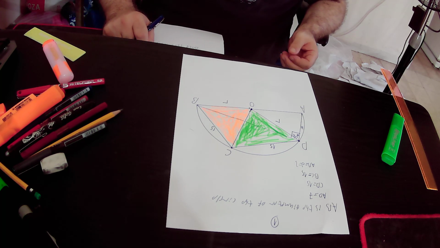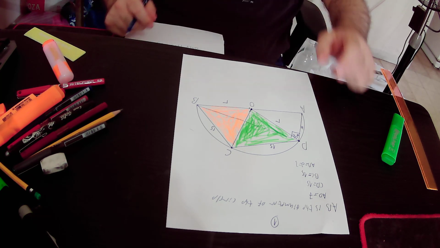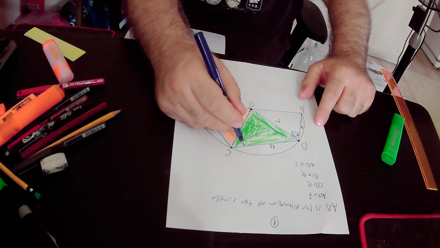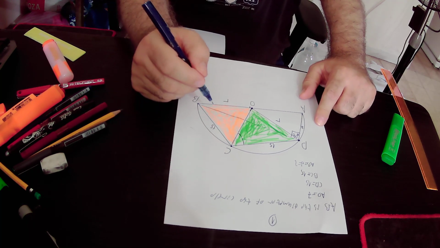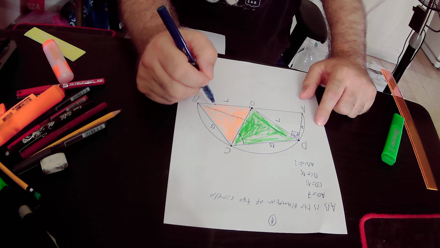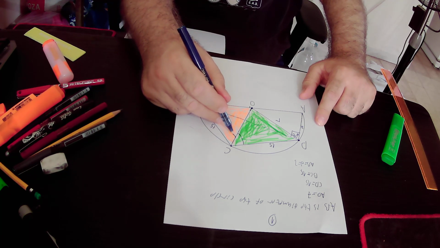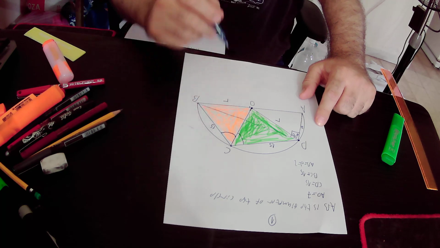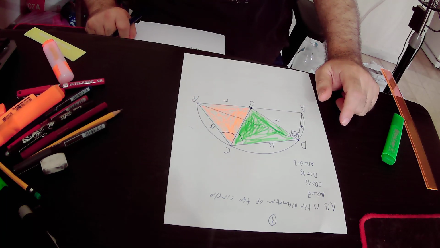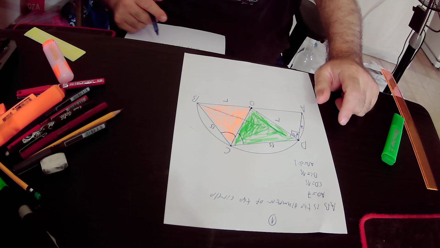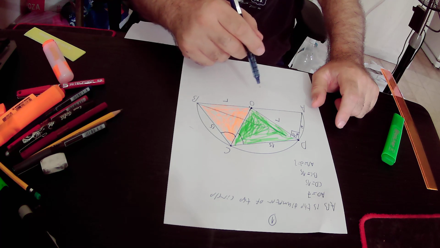So from the fact that the green triangle is congruent to the orange triangle, we can deduce that angle OCD, this angle, equals angle OCB, this angle, according to the rule that corresponding angles in congruent triangles are equal to each other.